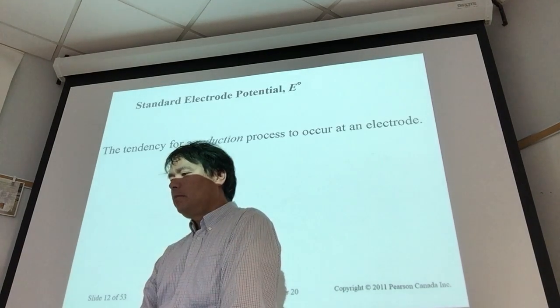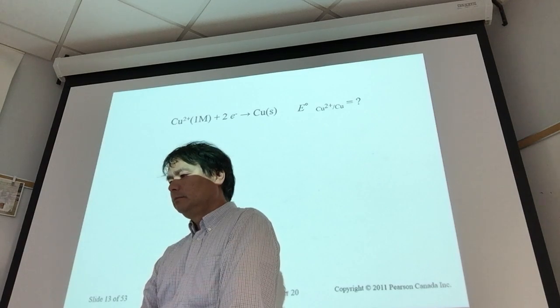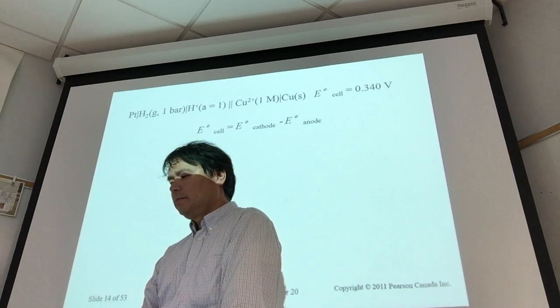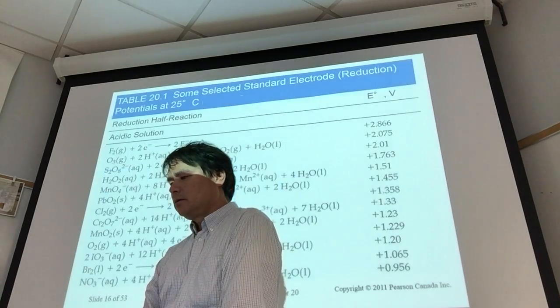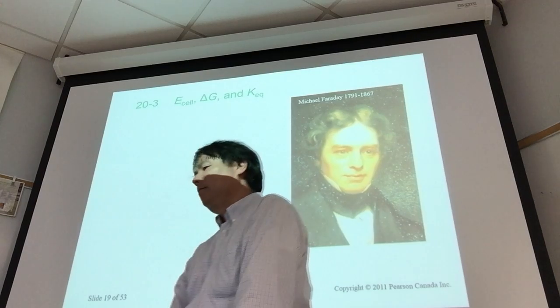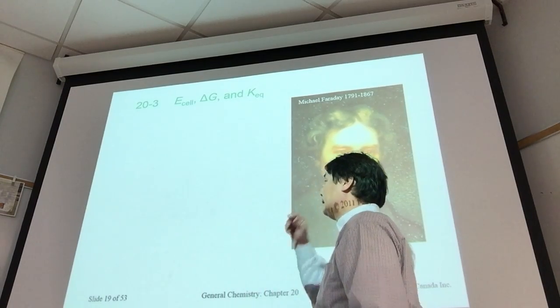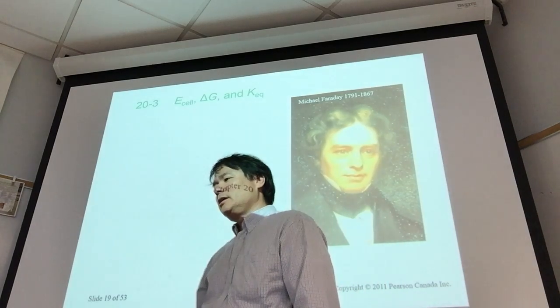All right, now let's skip this. Get to where I want to get to. All right, how does the E of the cell relate to delta G and K eq?